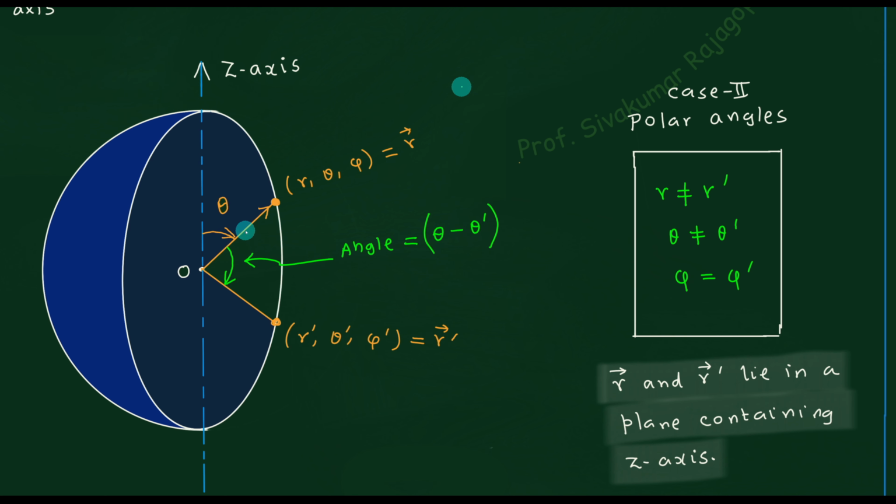The question is, what is the angle between the two? The angle between the two can be quickly written down as theta minus theta prime without doing any calculation. And you should know what the general situation is. As usual, r need not be equal to r prime. One vector can be smaller, one vector can be bigger. You can always draw a big vector like this, even then this is valid.